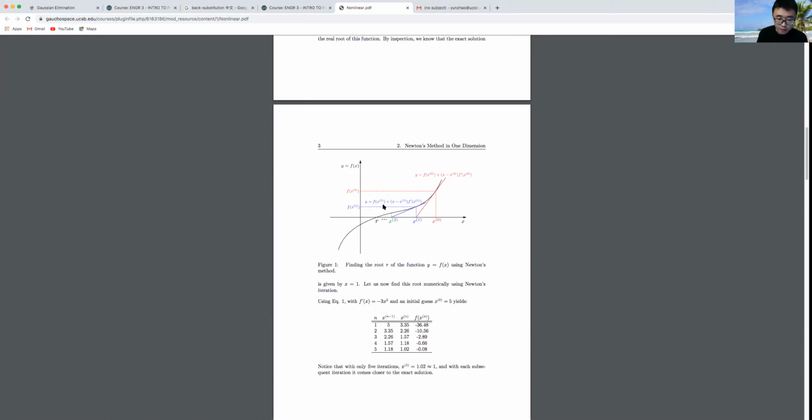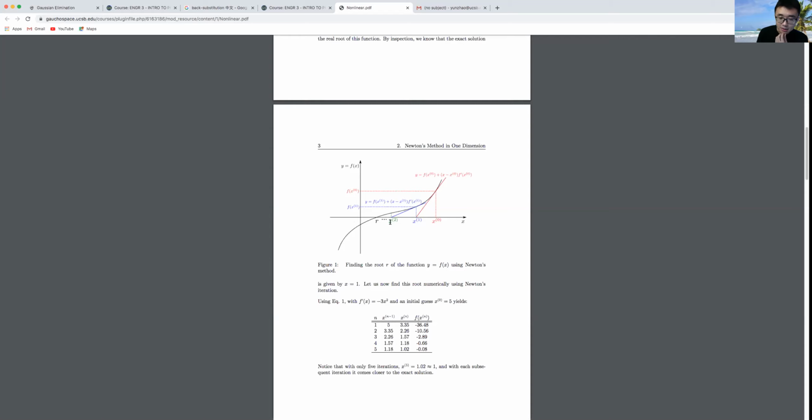For x1, f(x1) is obviously not 0, right? So we can do the same trick and draw a tangent line here, and then find the intersection of this line with y equals 0, which is x2 here, right?